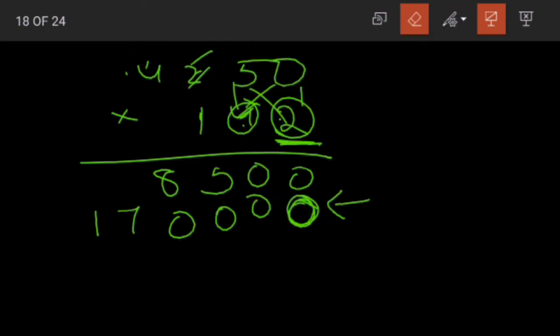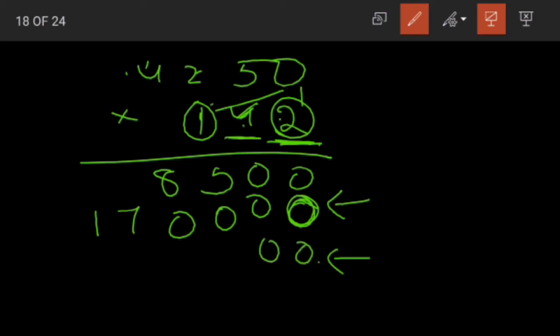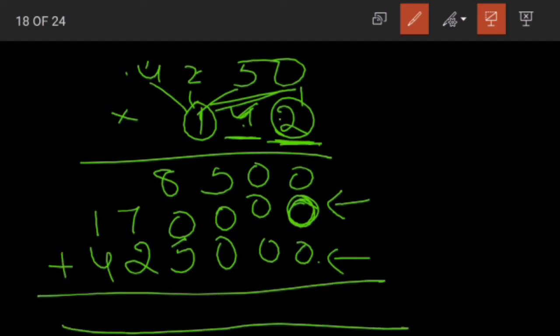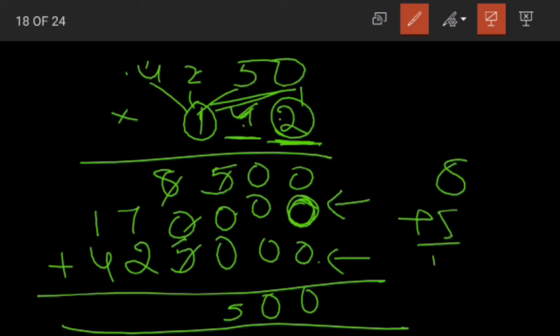Yes, coming to the last digit, what is it children? It is 1, 1 in the hundreds place. So again a new digit, so new line. After 1 we are having 2 digits, so place 2 zeros. 1 zeros are 0. 1 5s are 5. 1 2s are 2. 1 4s are 4. Now add all these together. 0 plus 0, 0. 5 plus 0, 5. 8 plus 0, 8. 8 plus 5 is 13.